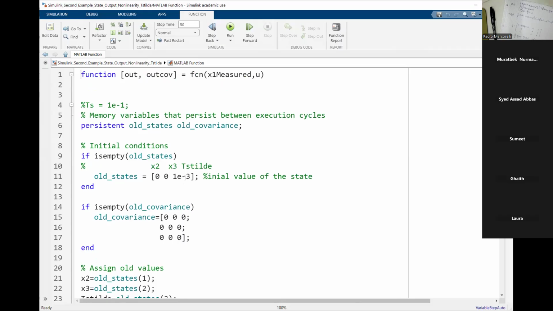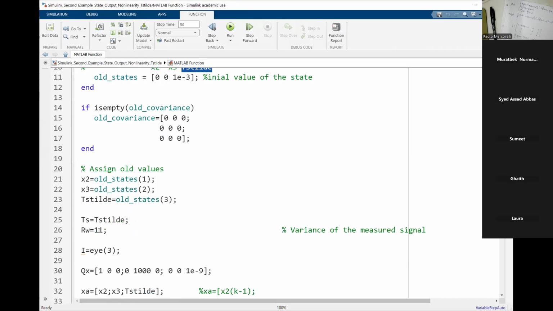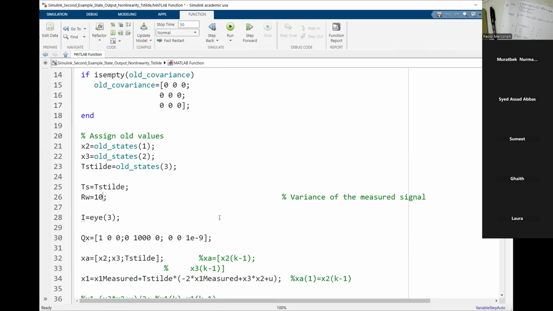You can see here, I will start with Ts and Ts tilde. Now the new state is Ts tilde. Everything is 3 times 3 in terms of covariance. We can see here Ts tilde as the state number 3. 1, 11 on 10, I don't know why it is 11, just really irrelevant.